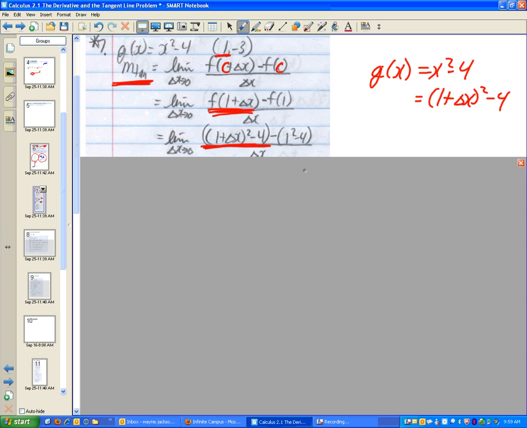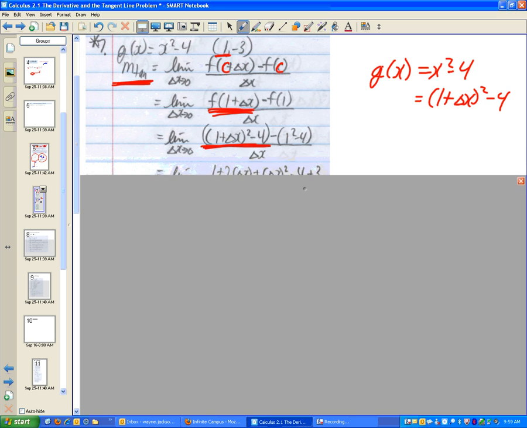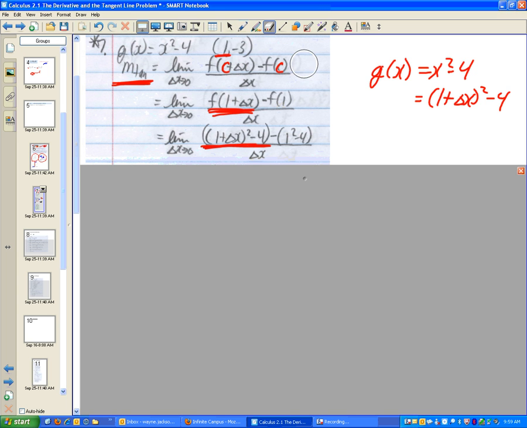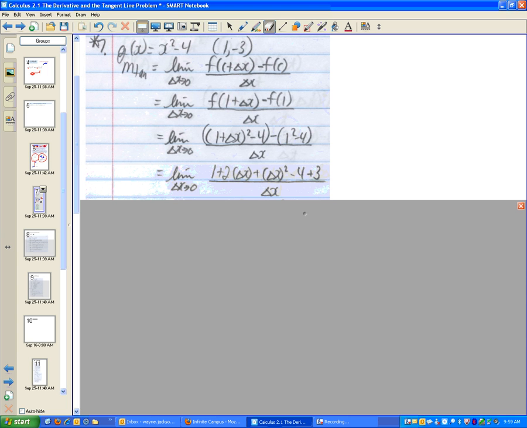Then be careful on the rest of it. Minus sign, parentheses, f of 1 means put a 1 in for x. So 1 squared minus 4 over delta x. So that's the limit as delta x approaches 0.